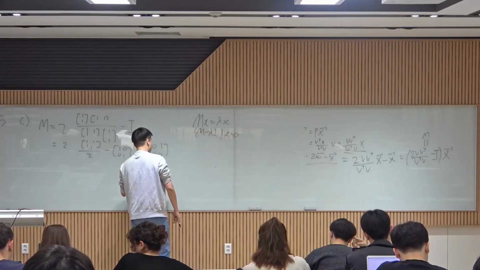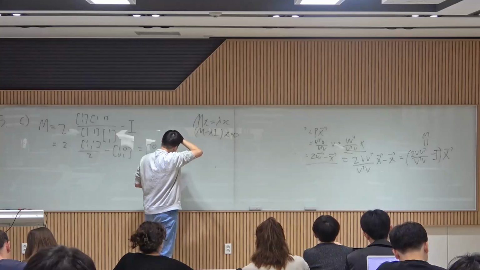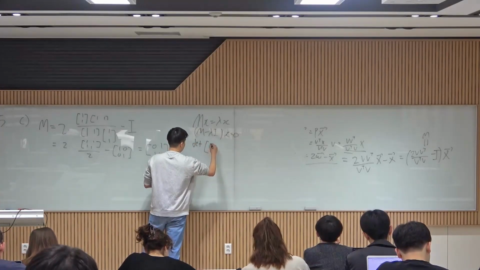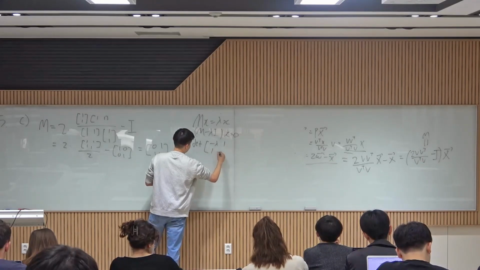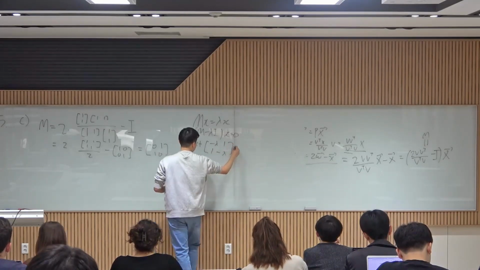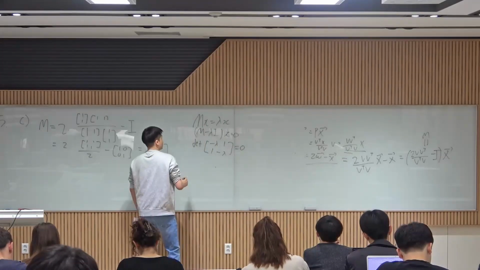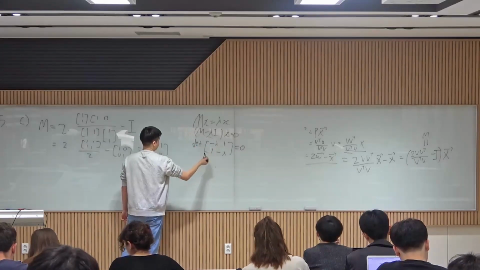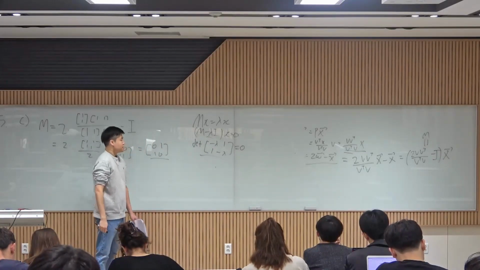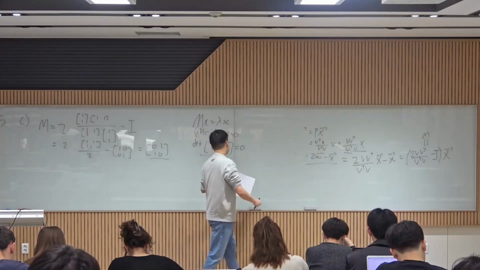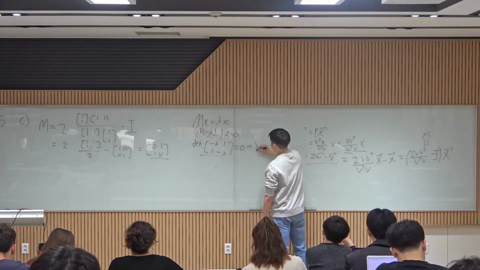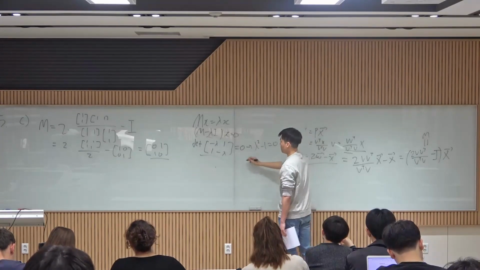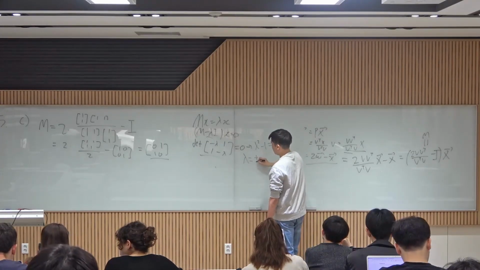To find the eigenvalues, we use the determinant of (M minus lambda I) equal to 0. M was this matrix, and minus lambda I gives us this. So let's find the eigenvalues. This gives us lambda squared minus 1 equal to 0, so we have 2 eigenvalues, lambda equals plus or minus 1.